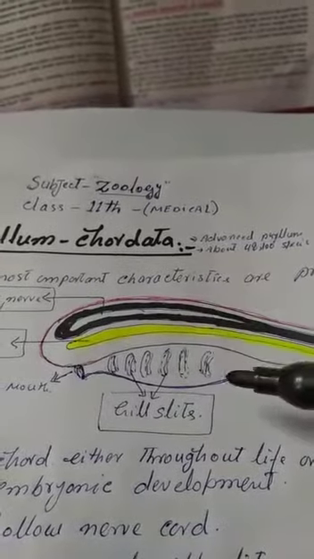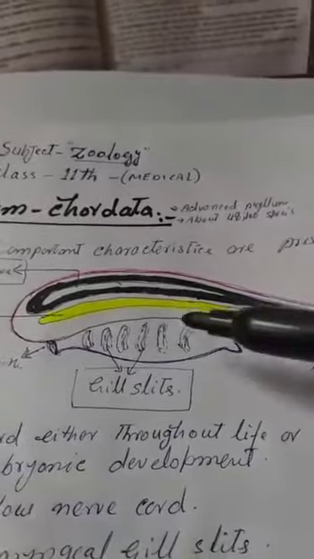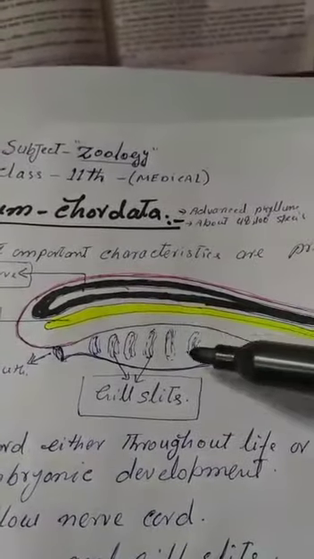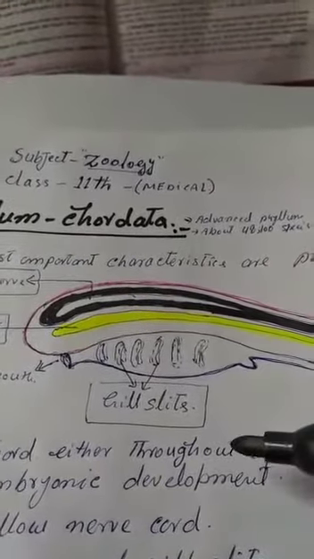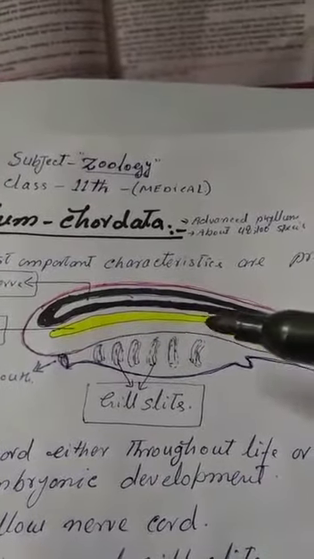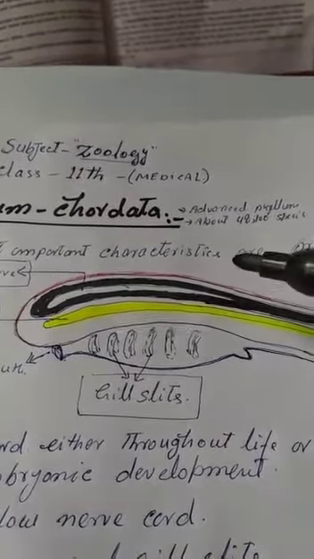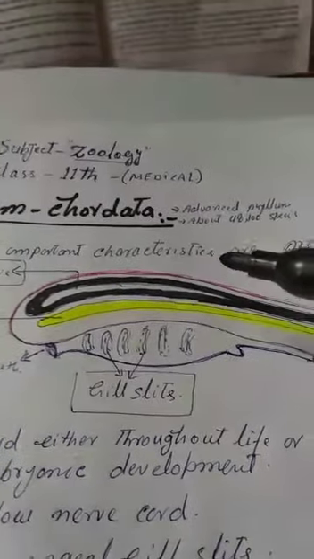The phylum derives its name from this structure. This notochord persists throughout life in lower chordates, but in higher ones it is replaced partly or fully in adults by a vertebral column, which we also call the backbone.